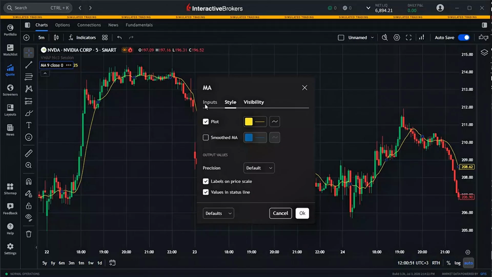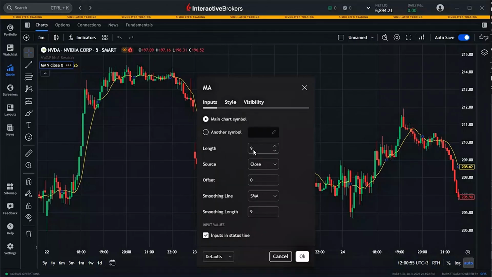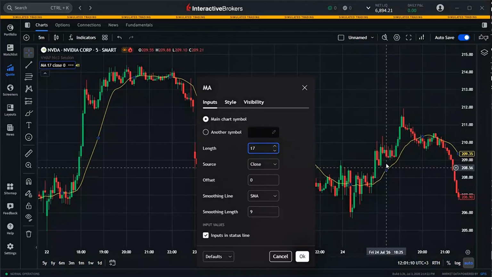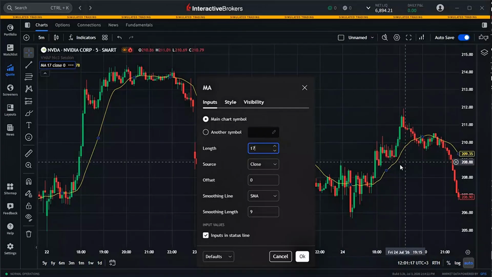You can change the input as well, and the default length is 9. Most people, or other people, like to have it as 12. You can have it at 12. There's even up to 200. So it just depends on what length you want it to be. The length is basically just adjusting the distance between the candlesticks and the moving average itself.